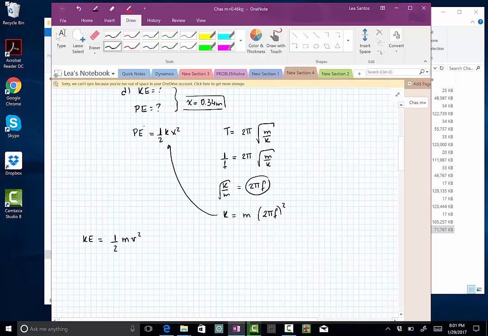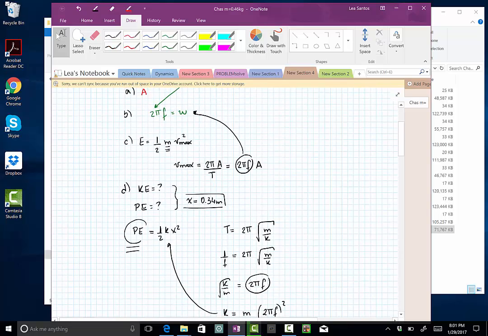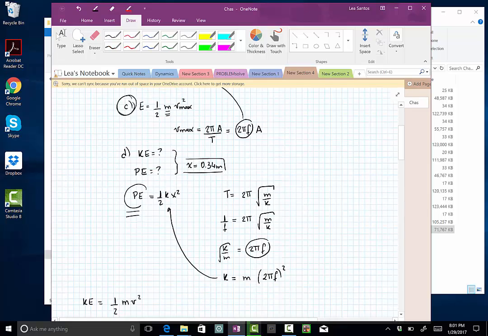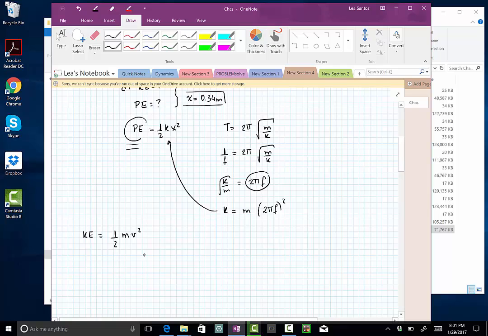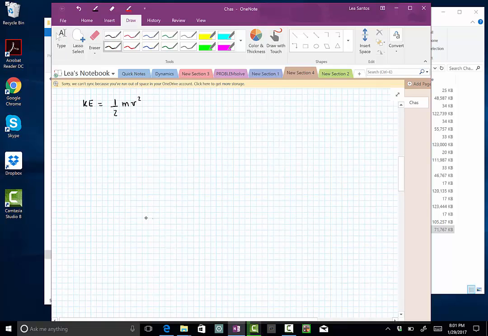We just found this potential energy at this intermediate point. And in the previous question, C, we had found the total energy. So we know that the total energy, I'll call it here the total mechanical energy, is equal to 1/2 of m v squared, so the kinetic energy that we are after at that intermediate point, plus 1/2 of k x squared, which is the potential energy that we just found.